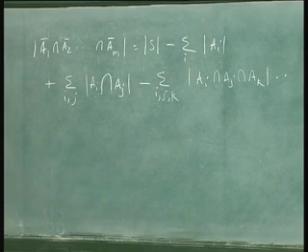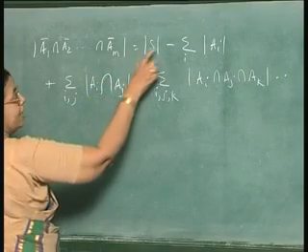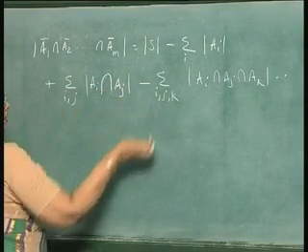The first sum is over all integers i in 1 to m, the second sum is over all 2 combinations ij from 1 to m, and the third one is over all 3 combinations ijk from 1 to m and so on. So alternatively it will be plus, then minus, then plus, then minus and so on.